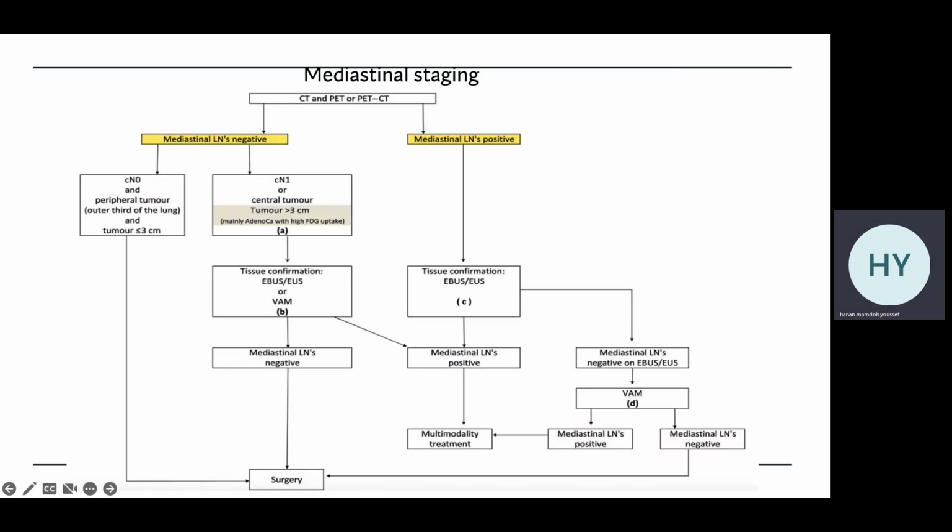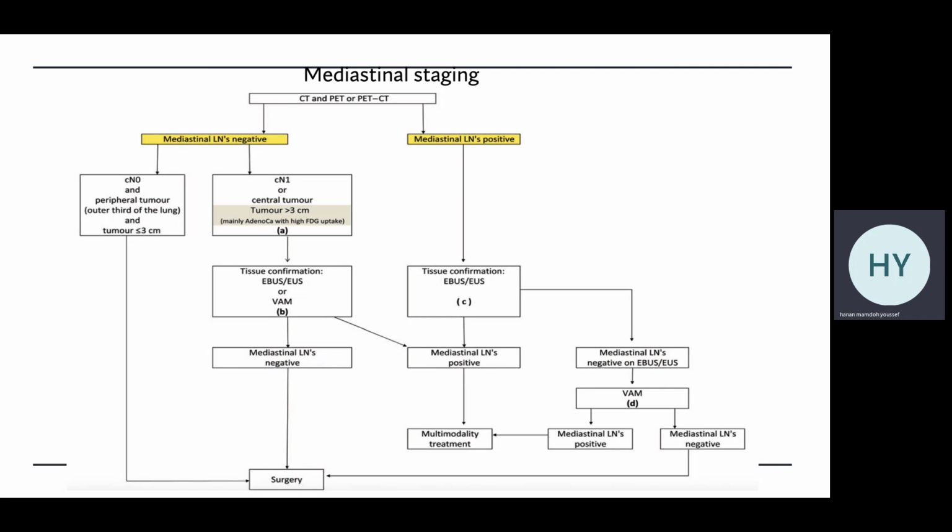So when do we need to sample these lymph nodes? As I mentioned, all the patients referred for lung cancer procedures will have a CT and PET scan. So we assess the size of these lymph nodes, particularly N2 and N1.